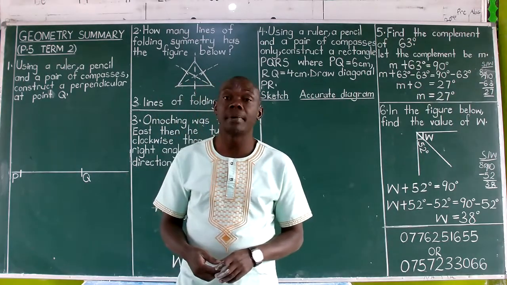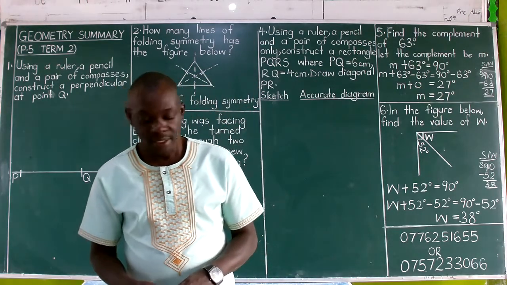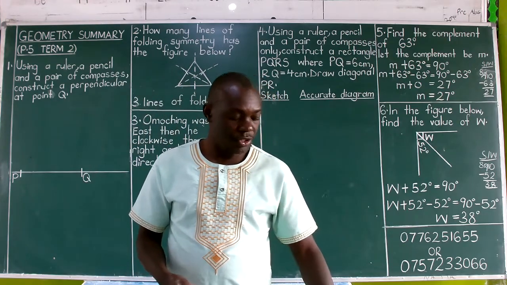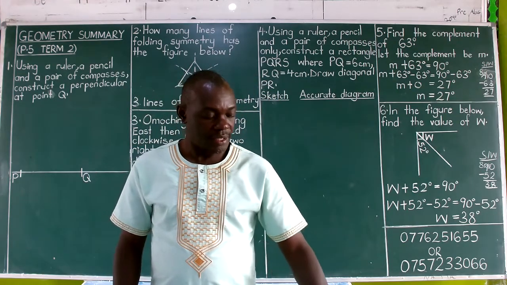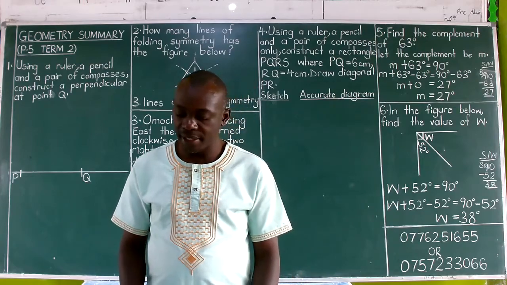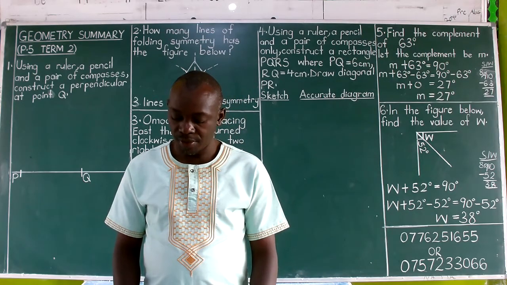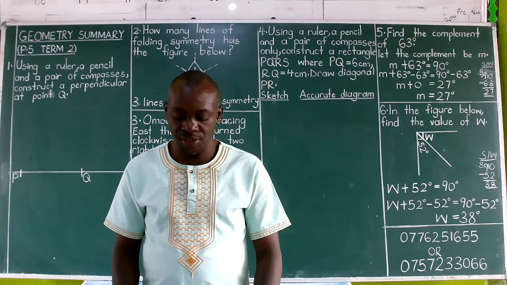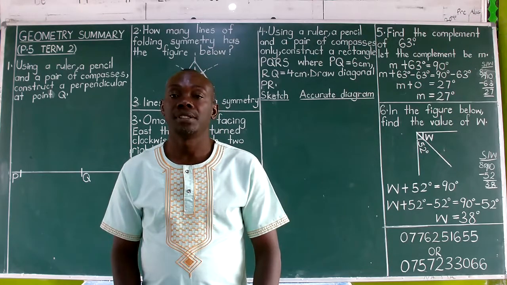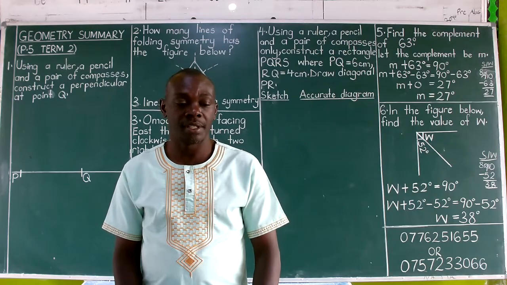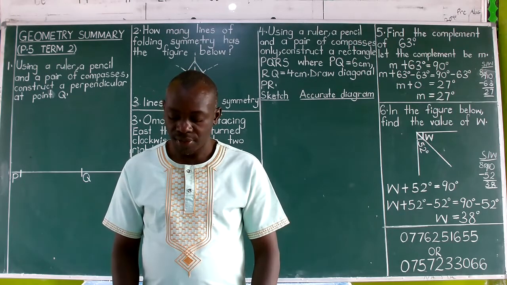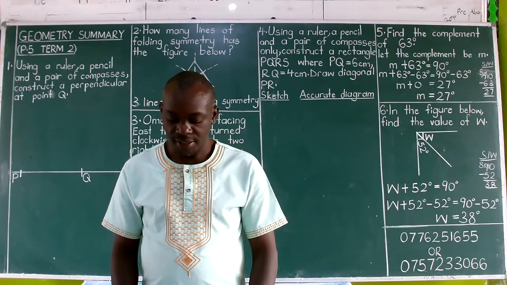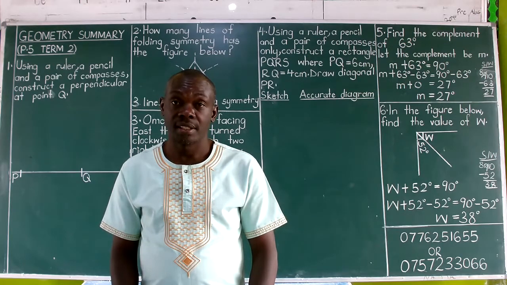Today we are summarizing geometry, so have your geometry set ready so that we make a summary of what we ought to have known, but maybe we don't know. Please have those instruments ready so that we can summarize this.